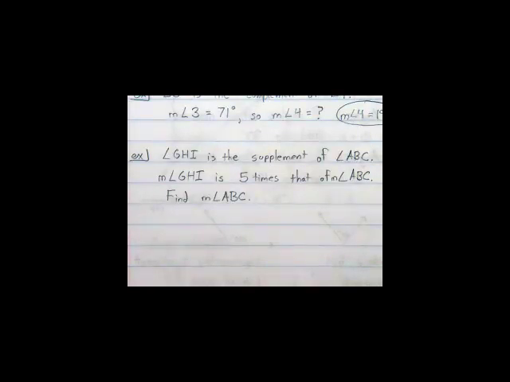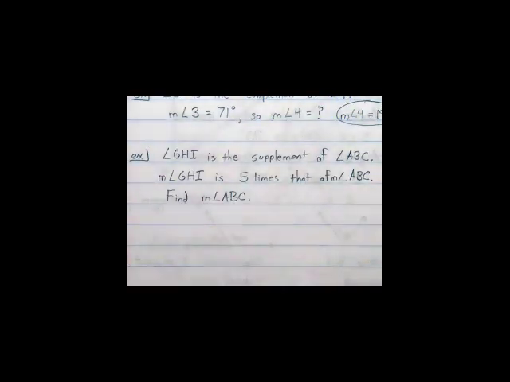And then we know that the measure of GHI is 5 times that of the measure of angle ABC. Okay, or think of it this way. We need two numbers that add up to 180 degrees, but also one is 5 times the other one.